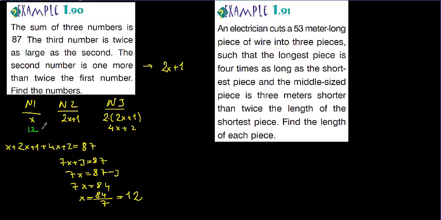If the first number is 12, it means the second is 2 times 12 plus 1, which is 24 plus 1, that's 25.